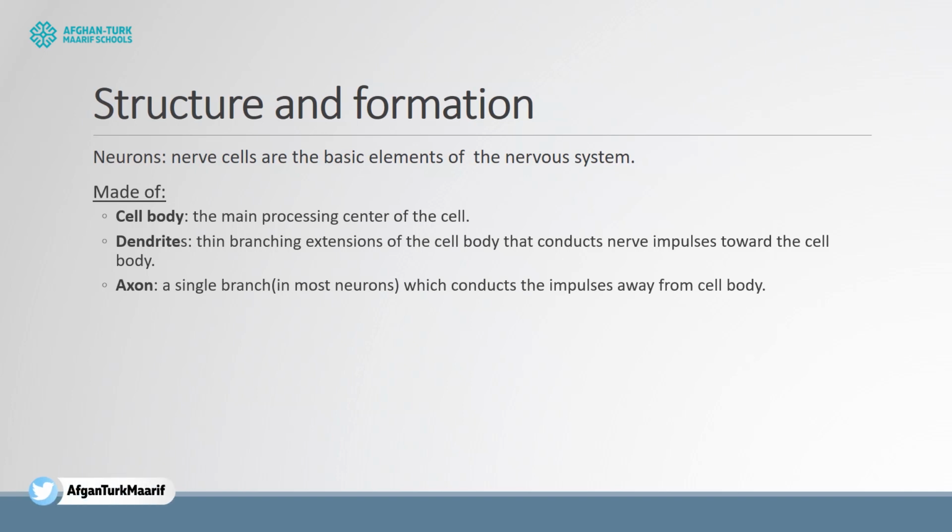The axon is the third part of a neuron, which conducts impulses from the cell body out to another neuron. A myelin sheath covers all around the axon.